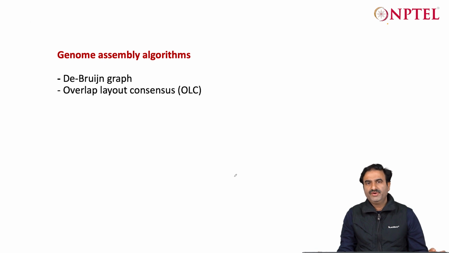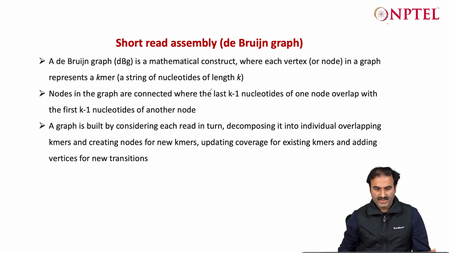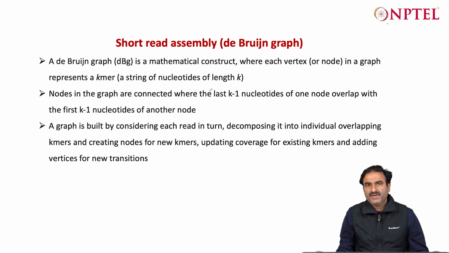Okay, so the genome assembly algorithms are broadly divided into two types, right? The De Bruijn graph approach or the overlap layout consensus method. So this is for the short read data, and this is for the long read data. The basic approach of a De Bruijn graph is that it will be dealing with the K-mer.